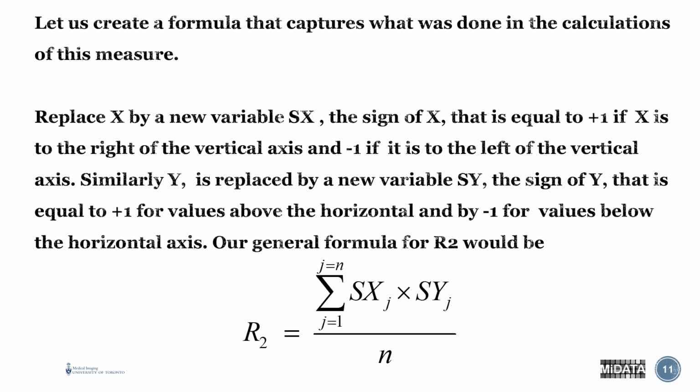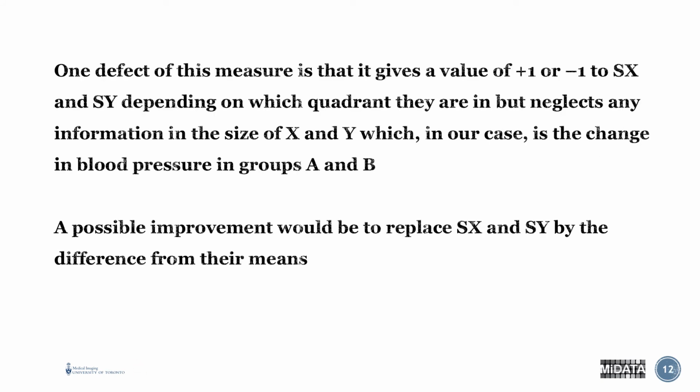So we still have a bit of a problem. One defect of this measure is that it gives a value of +1 or -1 to Sx and Sy, depending on which quadrant they are in, but it neglects any information on the size of X and Y, which in our case is the change in blood pressure in groups A and B. That would be nice to be able to incorporate.